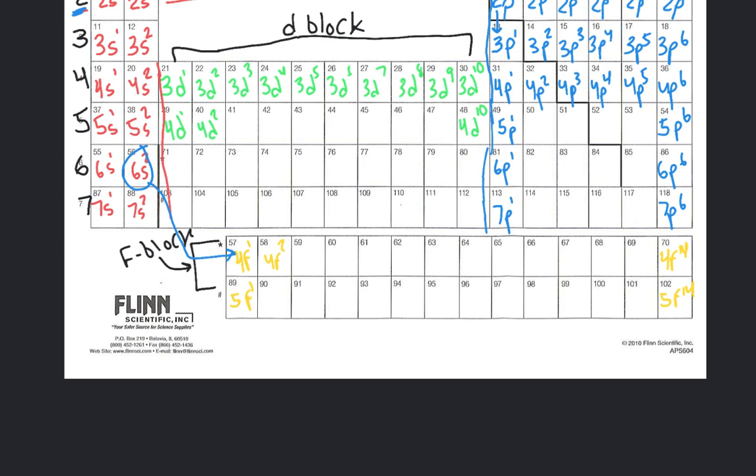So after you leave element 56, the 6s2, then you would go 4f1, and then after you leave 7s2, then you would go 5f1, because after element 88 is element 89. So that's just a little more challenging. You don't typically do a lot of F orbital configurations in chemistry 1 usually.